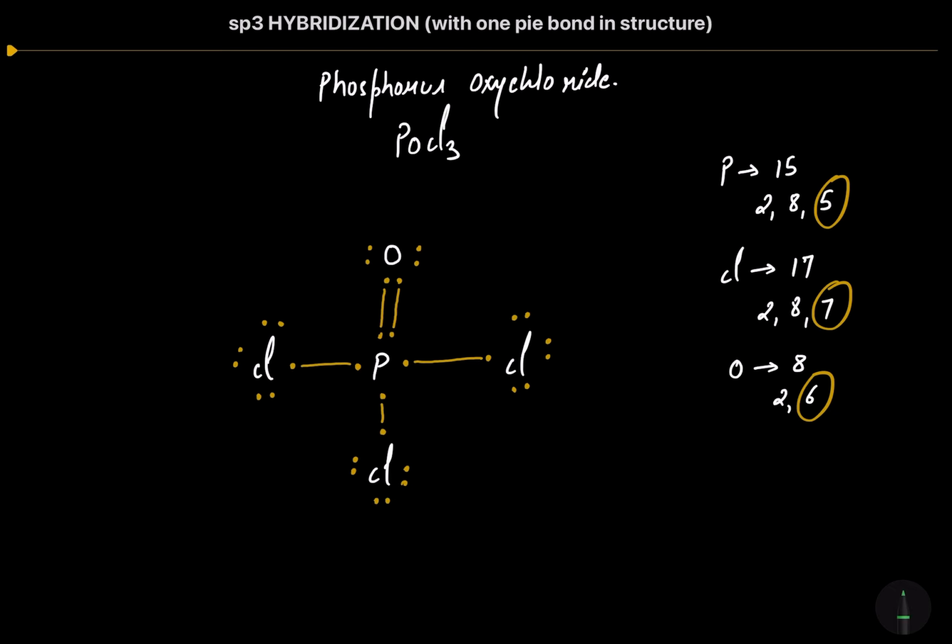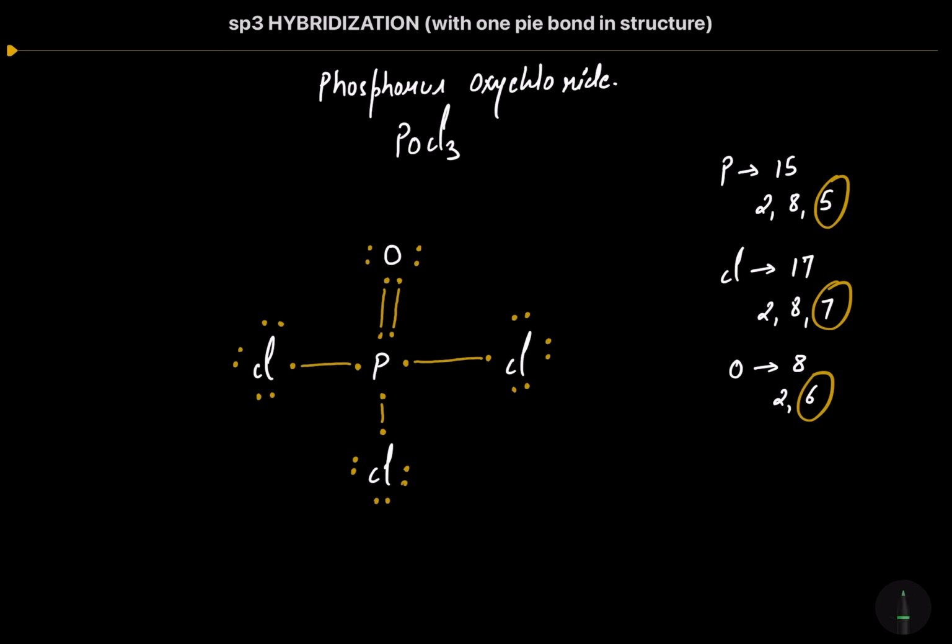I'm counting the number of valence electrons for the third chlorine after the formation of one bond with phosphorus. That's the first electron, second, third, fourth, fifth, sixth, seventh and the eighth. That means third chlorine has also attained 8 electrons, that is octet, after the formation of one bond with phosphorus.